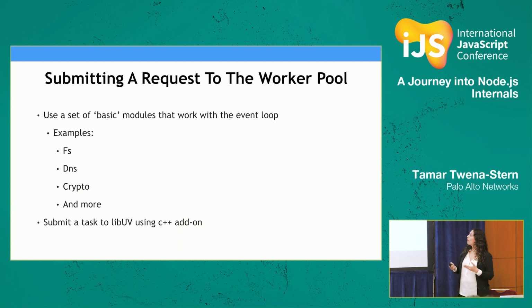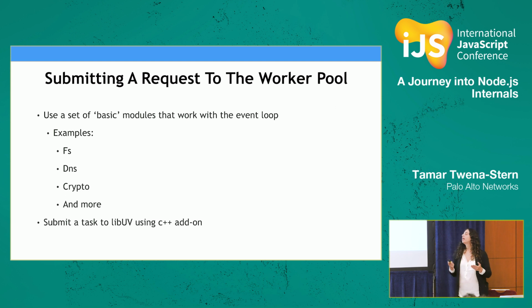Most of the modules in Node.js don't use the C++ libuv API directly. If you really want to be adventurous, it could be a nice programming exercise to submit a task to the libuv API, and I recommend everybody to do it.